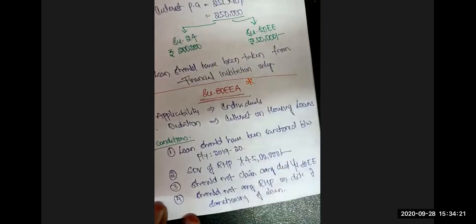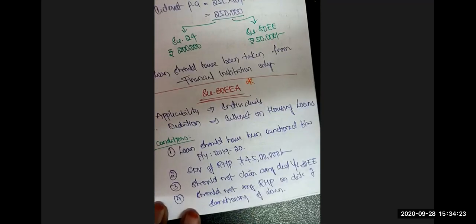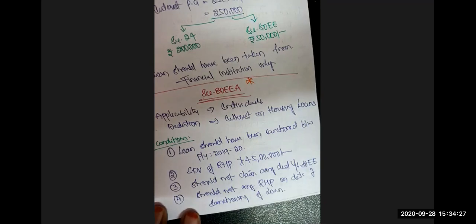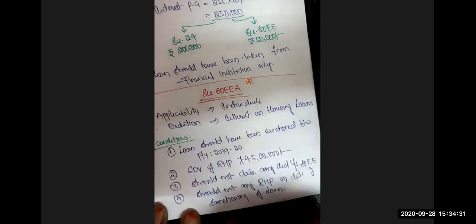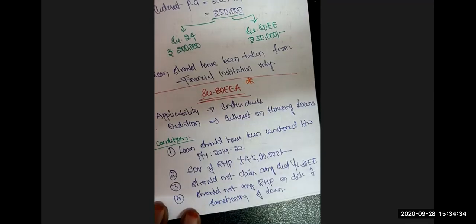And there were some new sections introduced like 80EEA, 80EEB. Now let us see what the new sections are. Look at this. Section 80EEA. Applicable only to individuals. And what is the deduction you are going to get? You are going to get the deduction with respect to interest on housing loans.